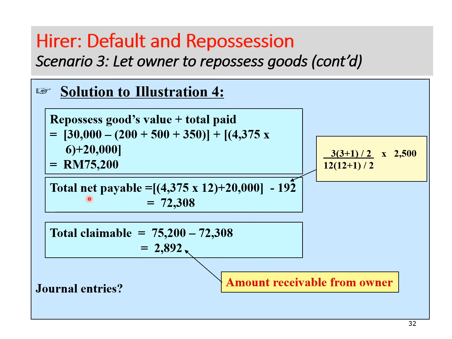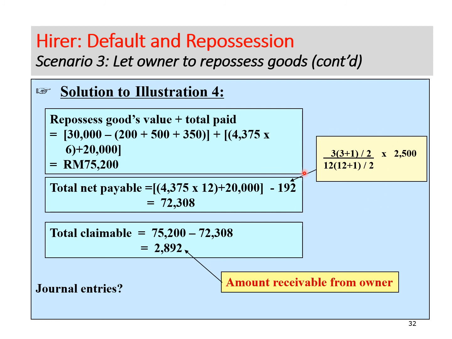Then you compute the total net payable. In order to compute the total net payable, you have to calculate the HP price. We have calculated earlier the HP price is 72,500. Then we minus the statutory rebate, which is for the 3 months from October till December.